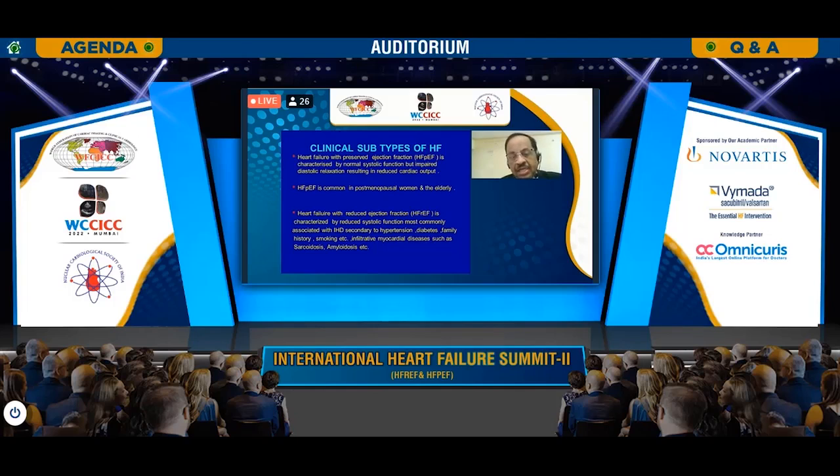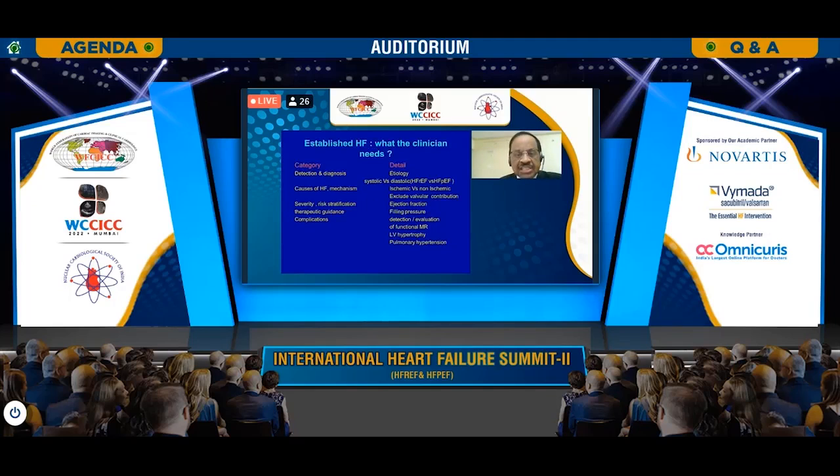HFpEF is common in postmenopausal women and the elderly with hypertension or amyloidosis. Heart failure with reduced ejection fraction, HFrEF, is very common and characterized by reduced systolic function, most commonly associated with ischemic heart disease, secondary to hypertension, diabetes, family history, smoking, and infiltrative myocardial disease such as sarcoidosis and amyloidosis.